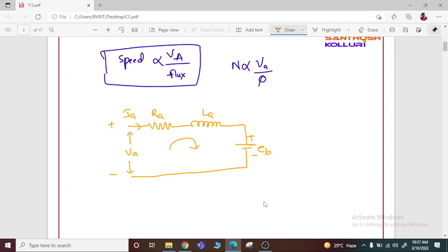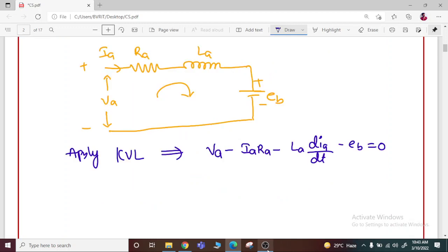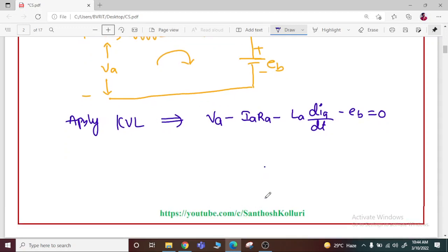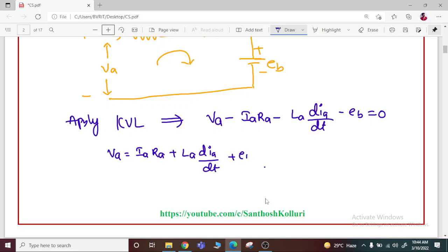So if I apply KVL in the given circuit, the equation is VA minus IA into RA minus LA into dIA by dt minus EB is equal to 0. So VA can be written as VA is equal to IA into RA plus LA into dIA by dt plus EB.